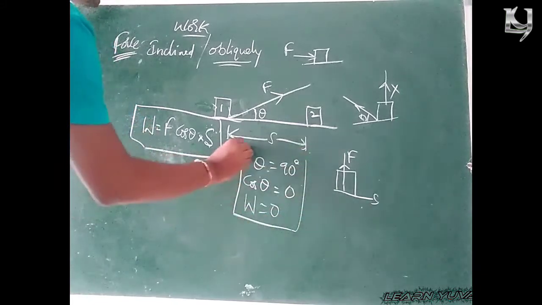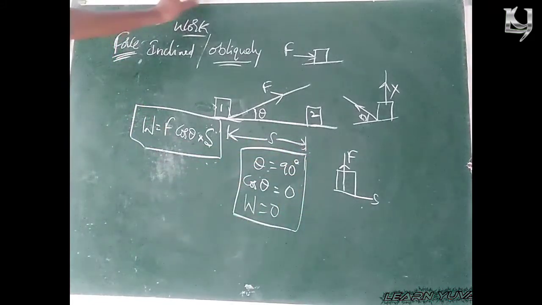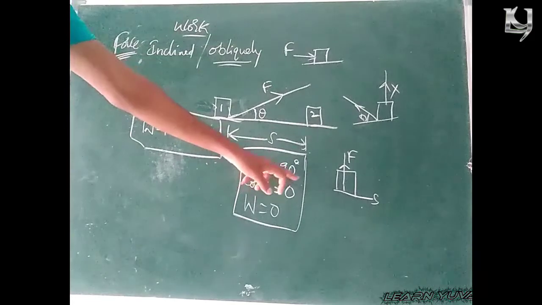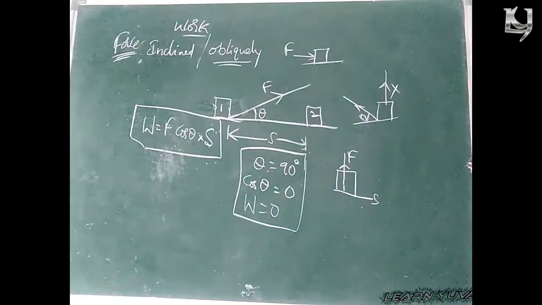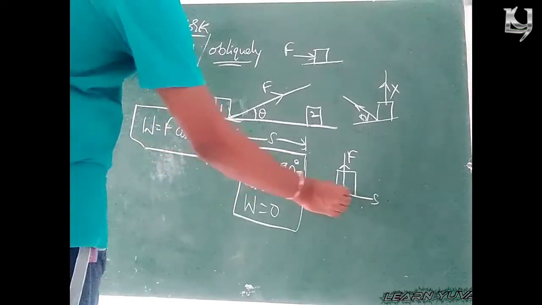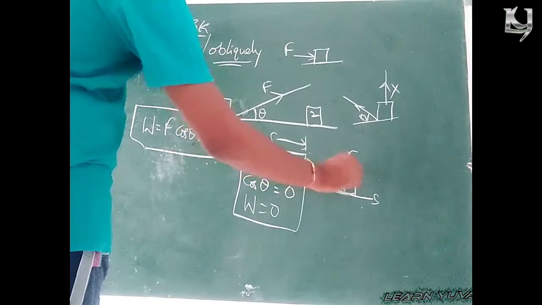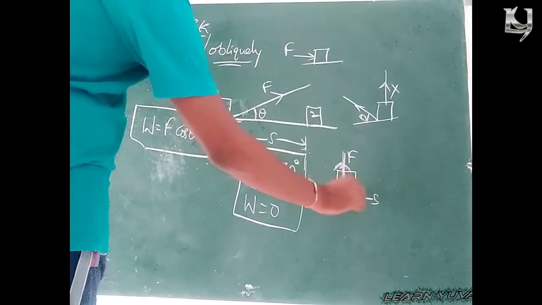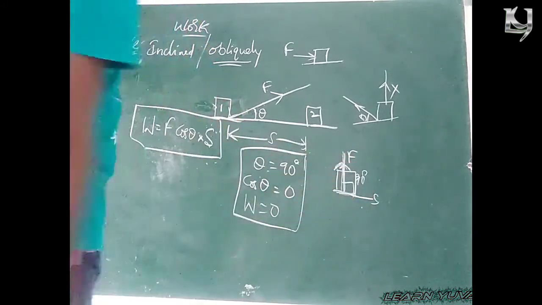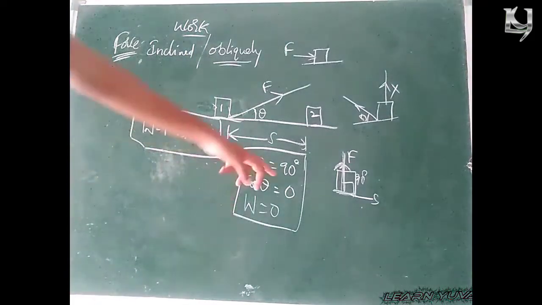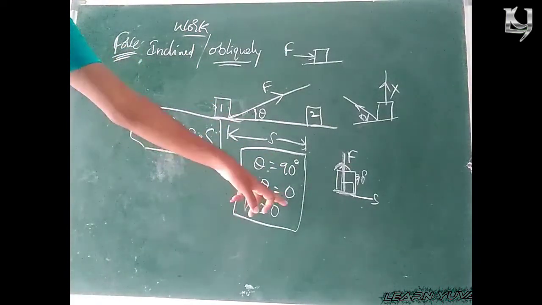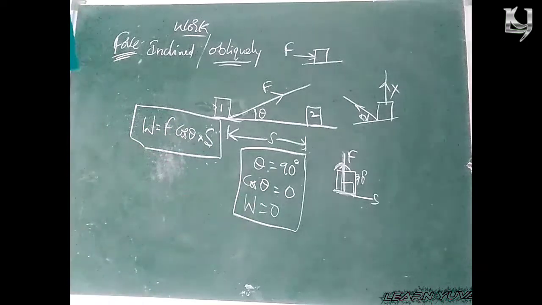This is a special case. When the angle is 90 degrees, the force applied is at 90 degrees to the surface. So theta is 90 degrees, then cos theta is 0, then the work done is 0.